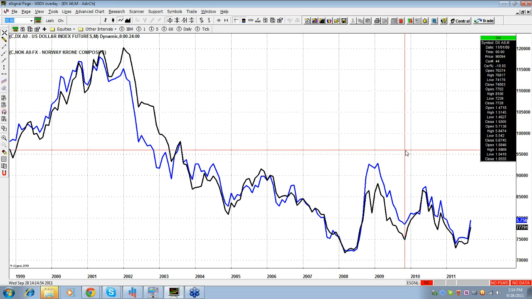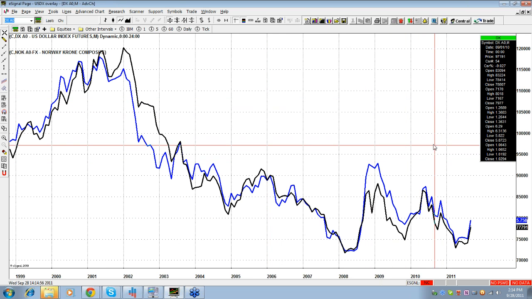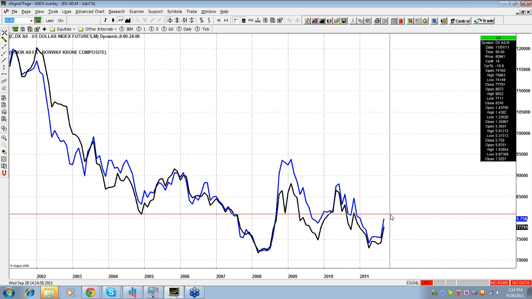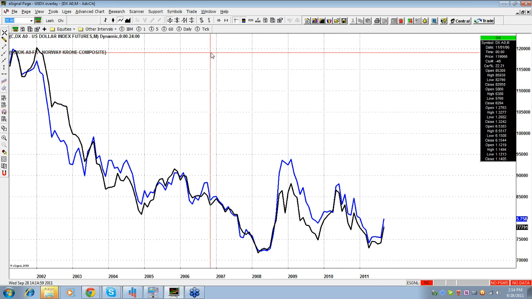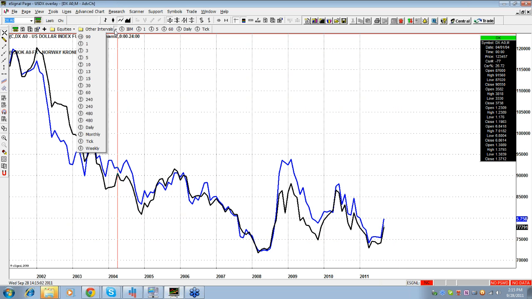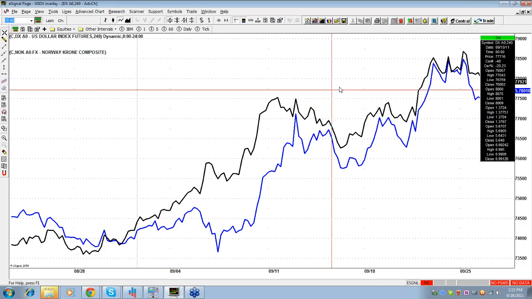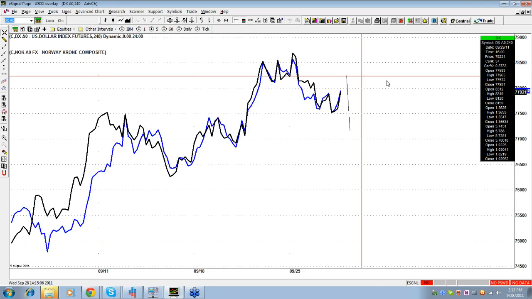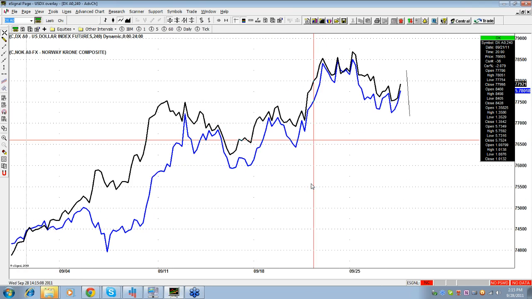Okay, this is telling me that the dollar is gonna get weak in at least one more leg. Look, the 4-hour chart, right there, they're almost equal.